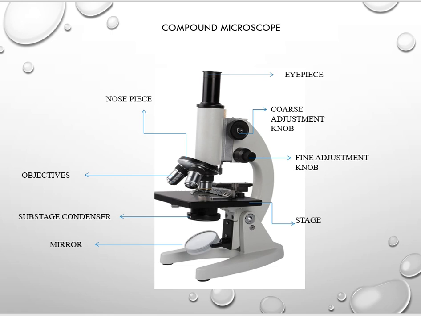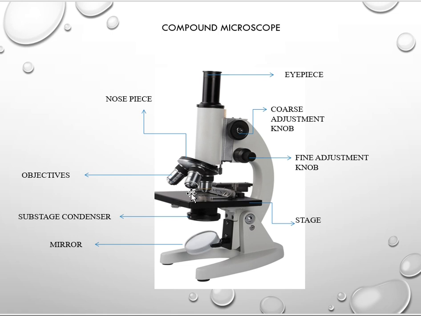Now we have the recently used compound microscope which has objectives. It shows higher magnification. It consists of objective, eyepiece, iris diaphragm, and an external source of light, या फिर कोई भी external source of light, it can be either your sunlight or a tube light.